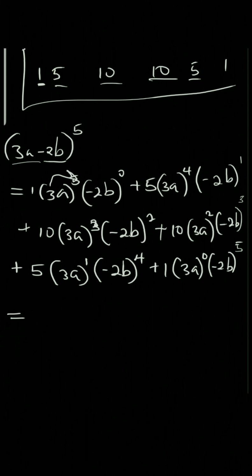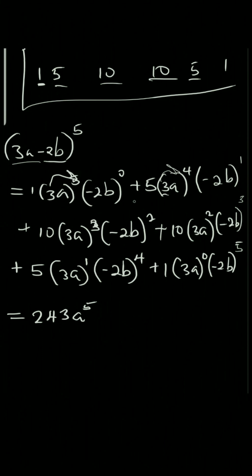So this is 3 to the power 5, which gives us 243, then a to the power of 5. Then the next one is 3 to the power of 4, we get 81.